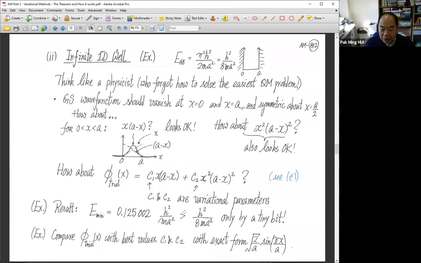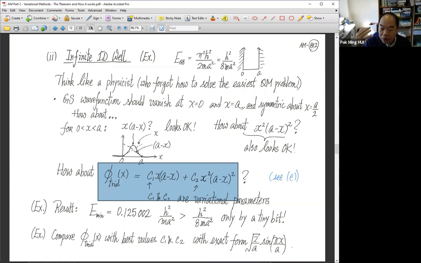But that takes us to a question, okay? We will explore it a few pages later. This trial wave function is a linear combination of functions, okay? So can we set up the variational calculation in a general way in which the trial wave function is a linear combination of several functions?